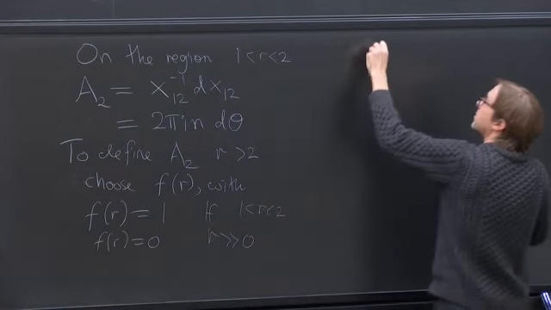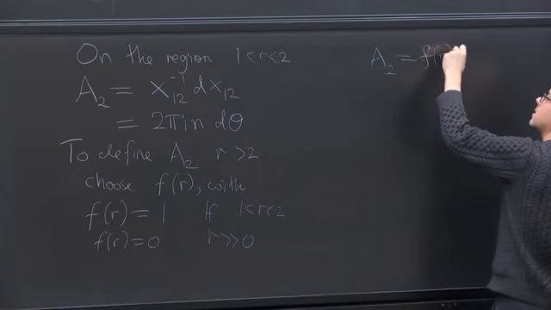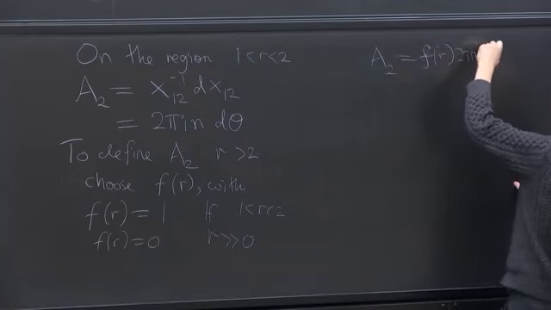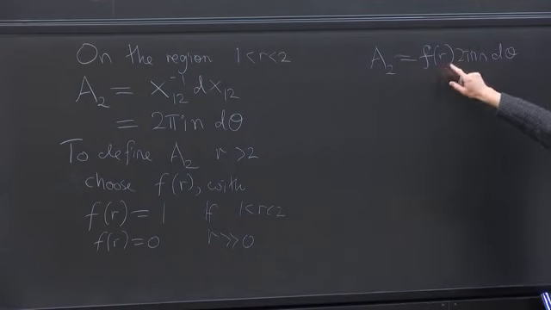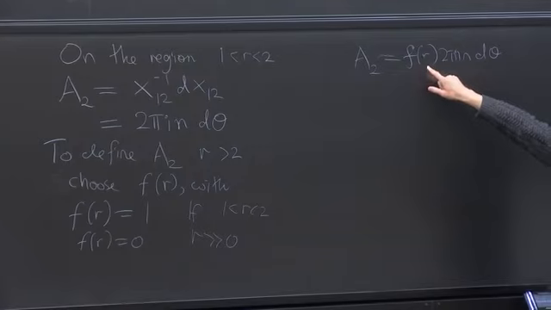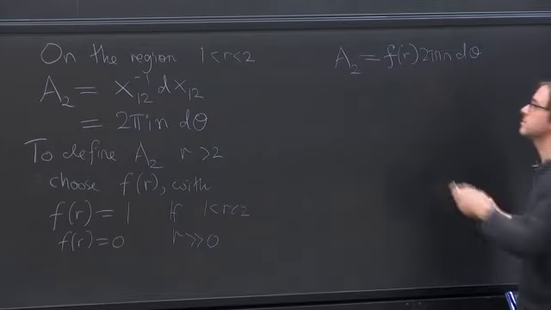And then A2 globally is f(r) 2πin dθ. So this makes sense. When r is finite, this is perfectly fine, but when it goes off to infinity, it tends to 0. So this is a perfectly fine gauge field on the region where r is bigger than 1.